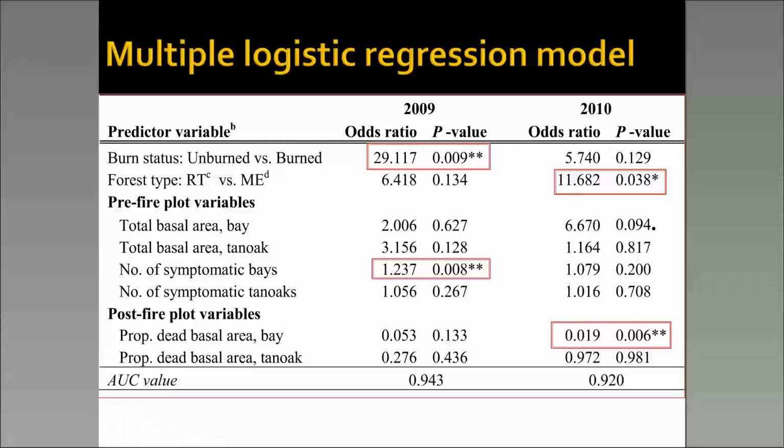And the odds ratio for the proportion of dead bay basal area, the fact that that odds ratio is less than 1 tells us that you had an increasing likelihood of recovering the pathogen when you had lower levels of dead bay basal area.